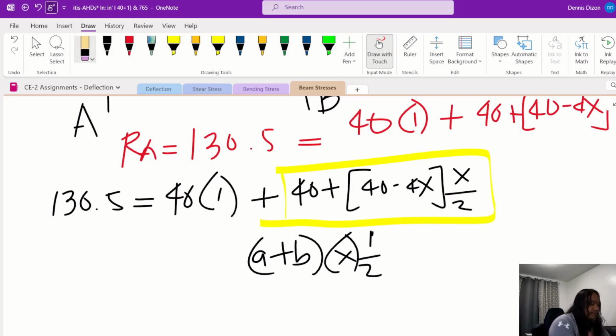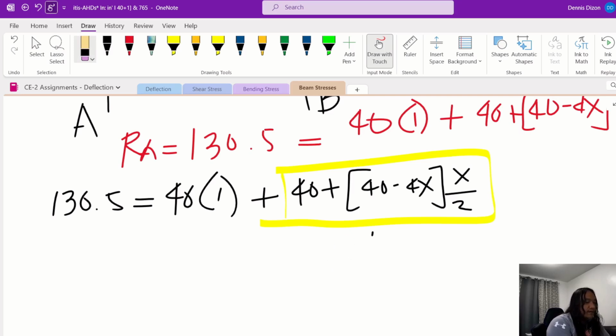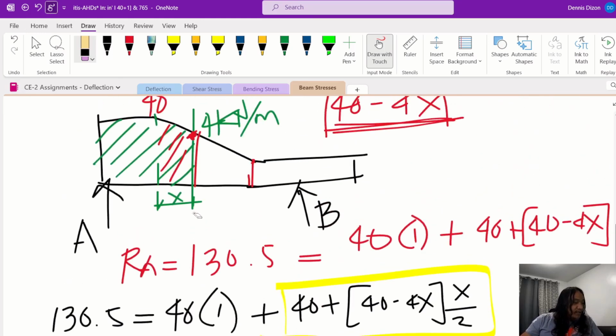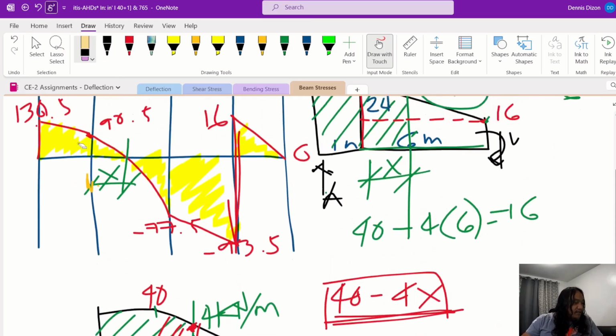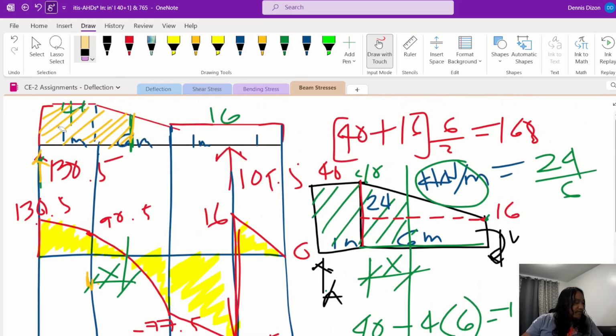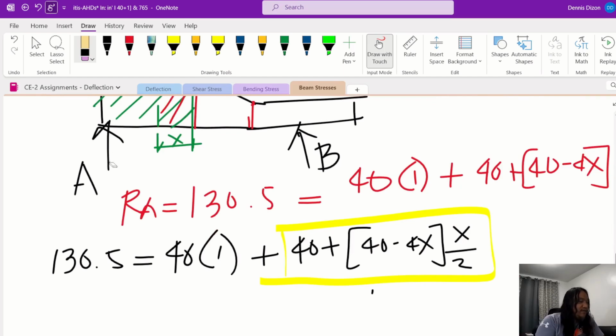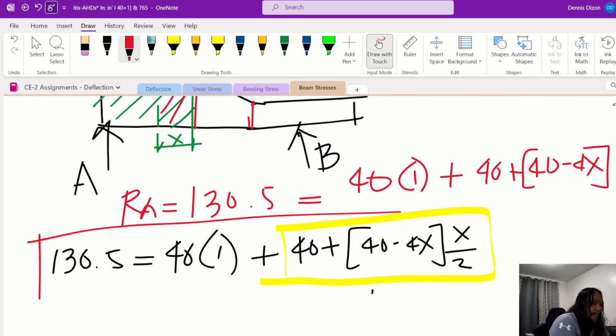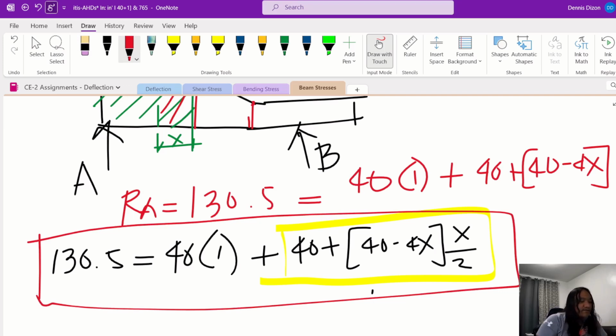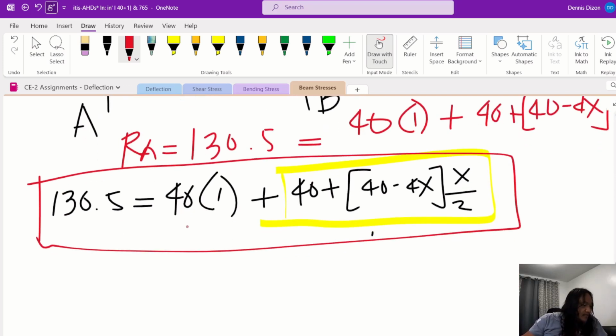So we already equate this reaction versus the area here, so that the total is 0. This is our equation. Now we will solve for x, so we will simplify this one.